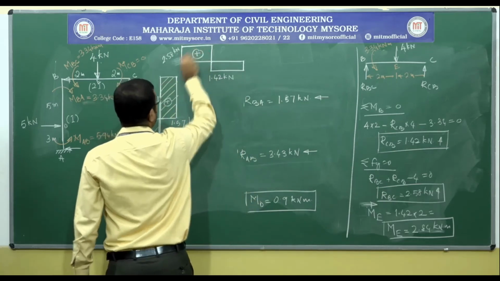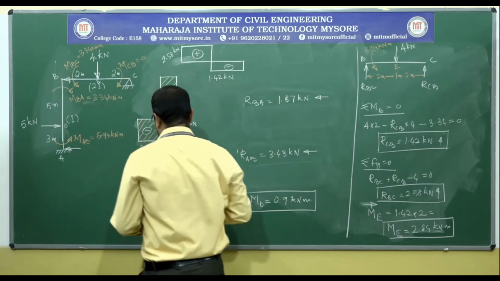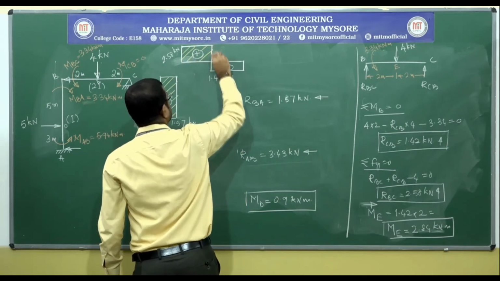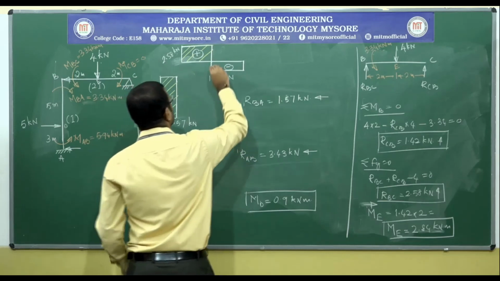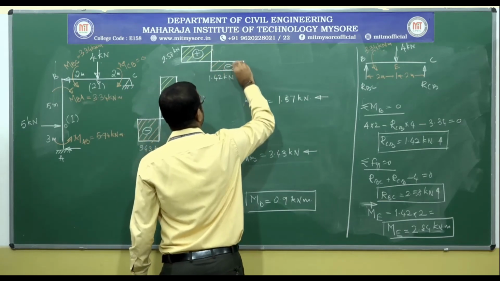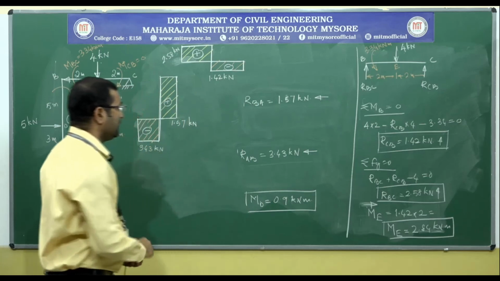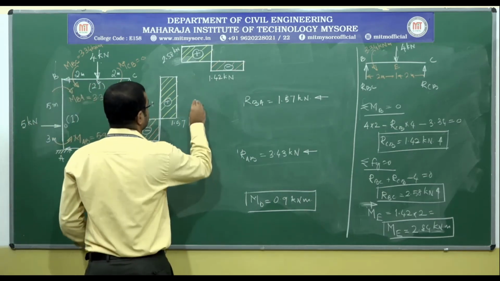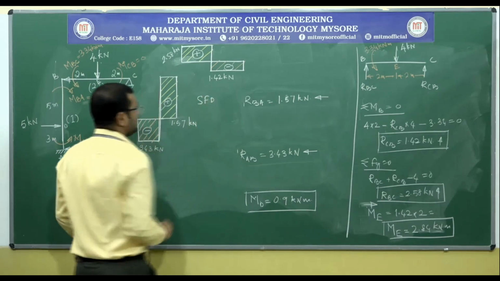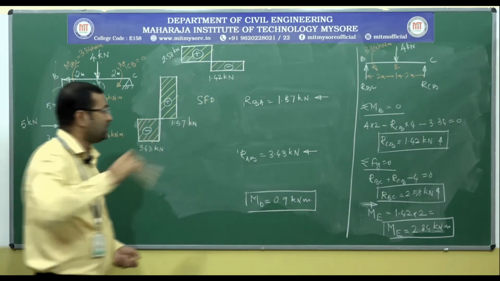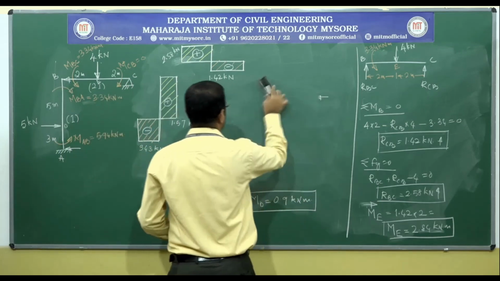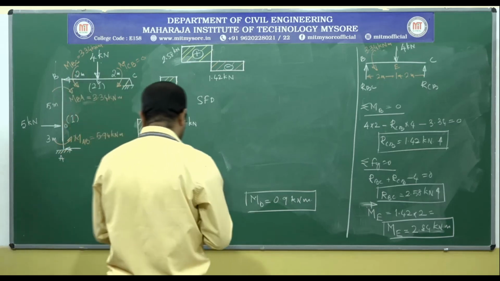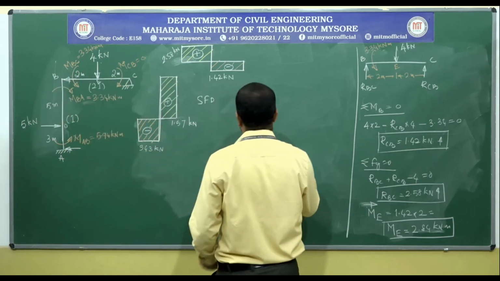So this is the positive shear force diagram, this is the negative shear force diagram. Right. In the similar way, this is the SFD. In the similar way we need to draw the bending moment diagram. Again, we have to draw it separately.